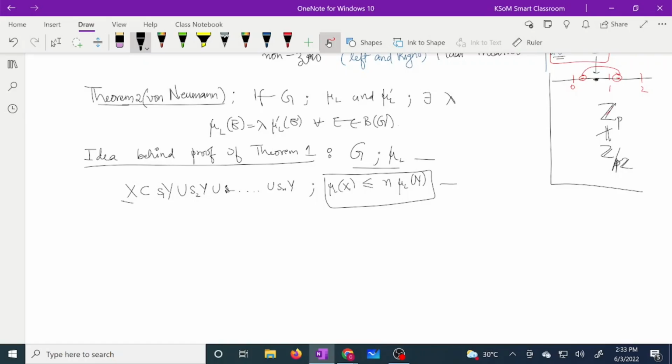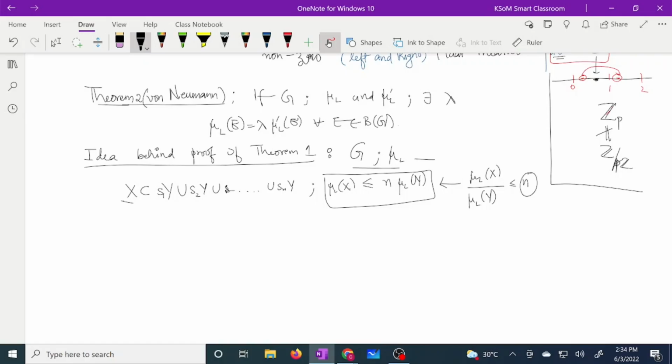We can rewrite this as mu L of x by mu L of y less than or equal to n. Now this n, we can ask, what is the least possible choice for n?